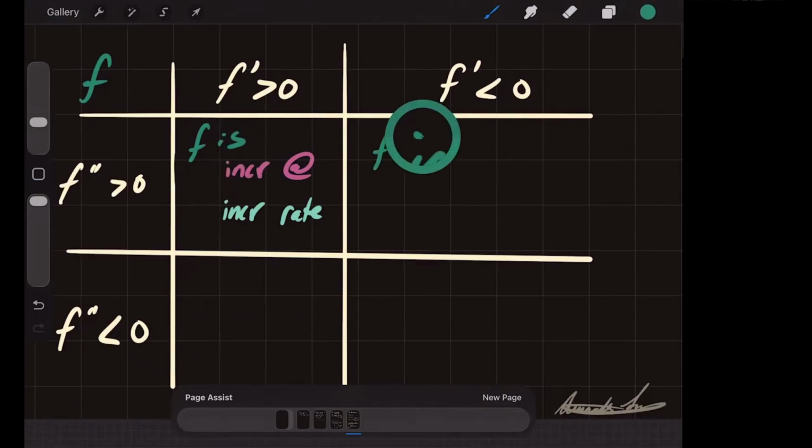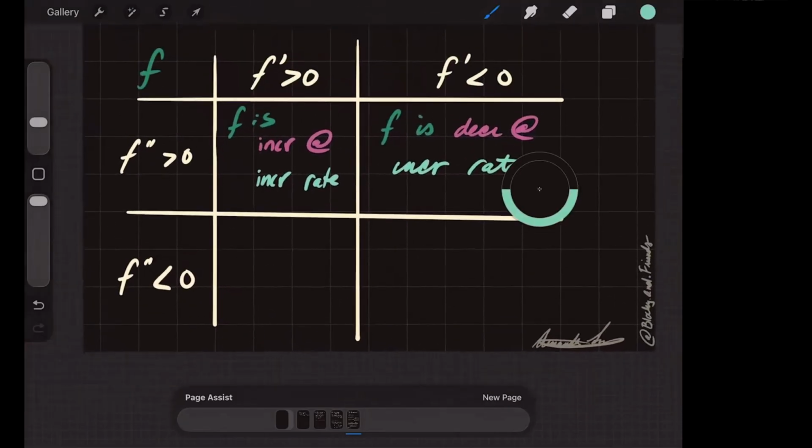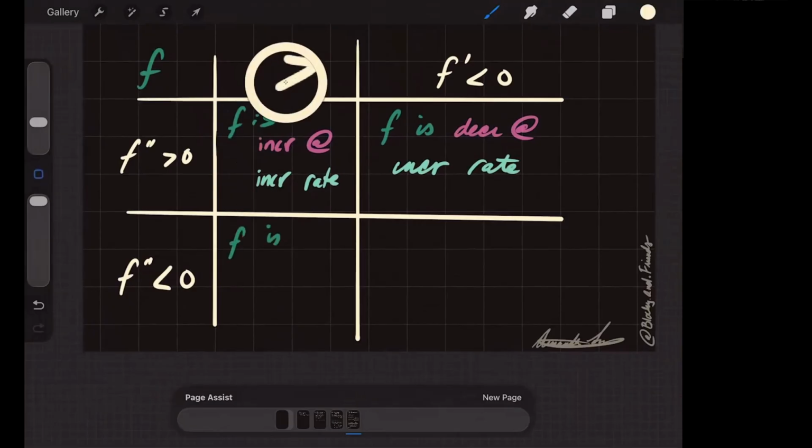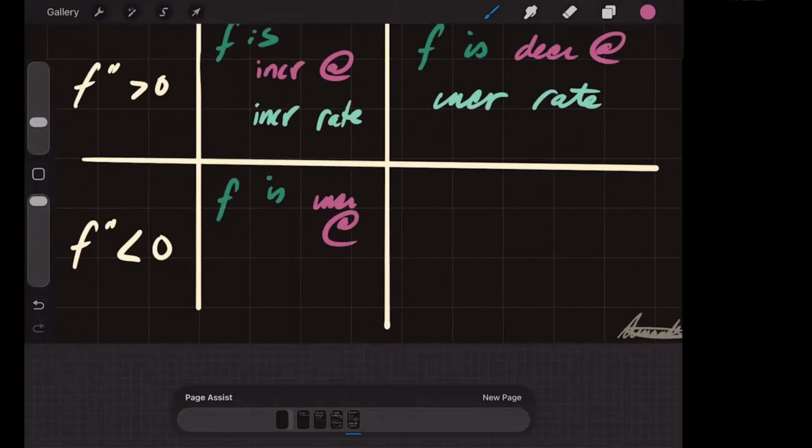When f prime is less than 0, f is decreasing, and when f double prime is greater than 0, decreasing at an increasing rate. Okay? Similarly, when f prime is greater than 0, f is increasing, and when f double prime is less than 0, it's increasing at a decreasing rate.